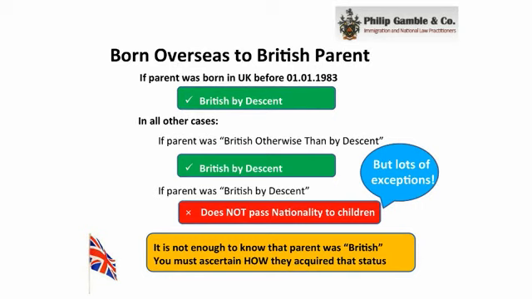A child born outside the UK after 1983 will acquire UK nationality if the parent is British otherwise than by descent, not if the parent is British by descent. There are exceptions to these rules, and we'll deal with a few of them in the next few slides.